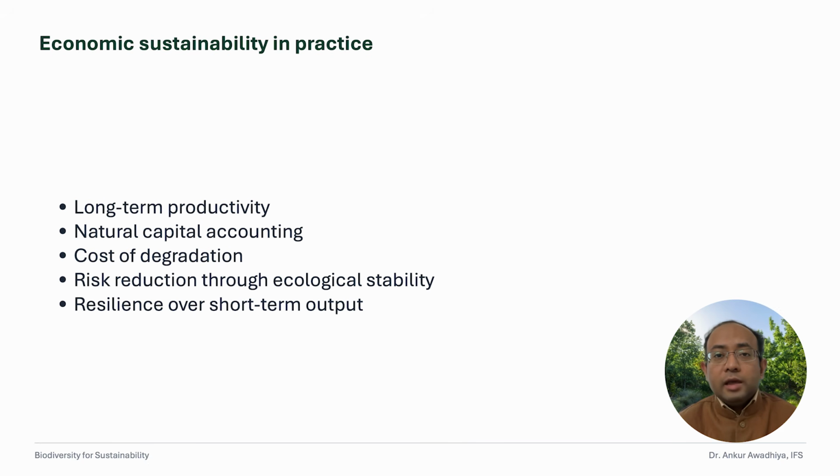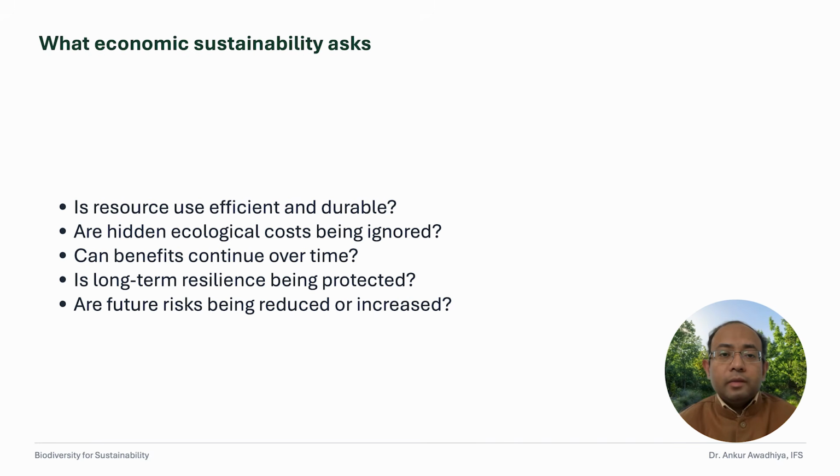There is no such thing as a free lunch. Soils, forests, water systems, wetlands, and biodiversity contribute real value to production and to human welfare. If we ignore that contribution, our economic judgments become incomplete and misleading.